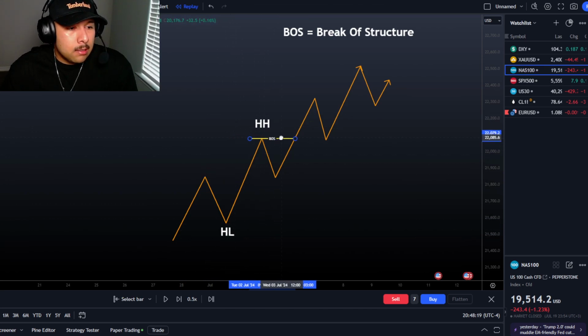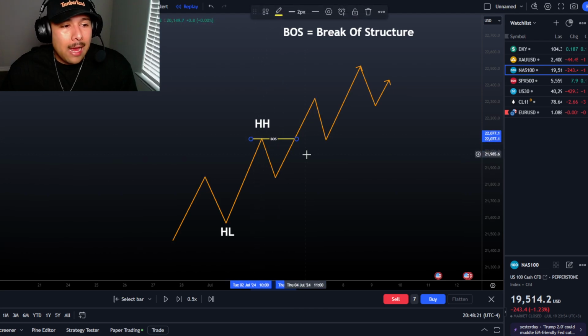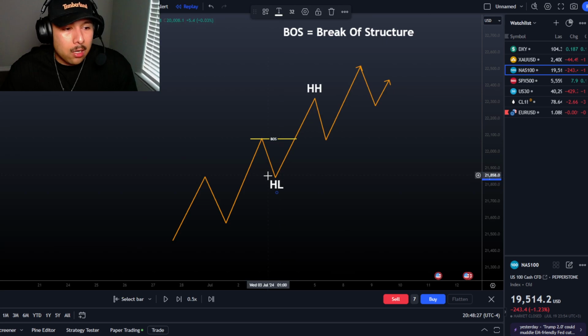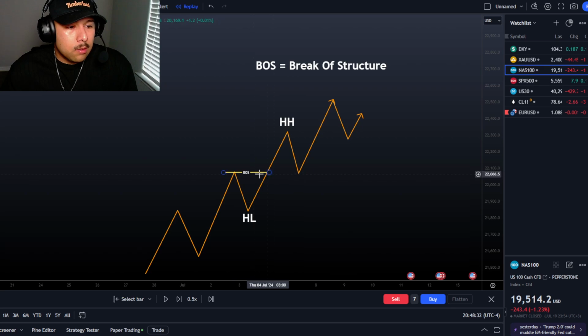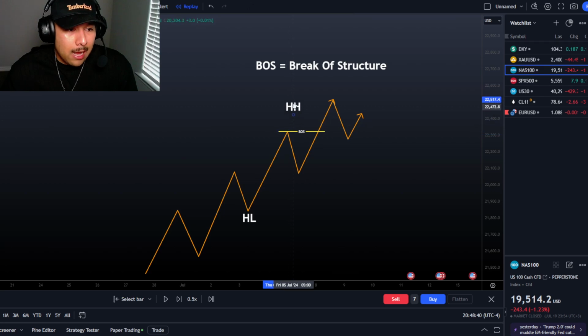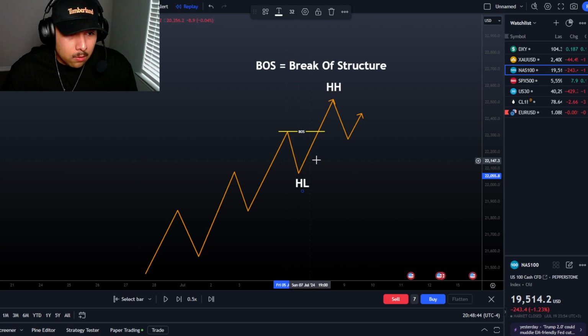When price breaks this higher high through break of structure, this becomes the new higher high, and this becomes a valid higher low because this break of structure occurred. So once price retraces in its pullback, as soon as it starts rallying up and breaks this previous higher high and creates a new higher high, now this is a valid higher low.